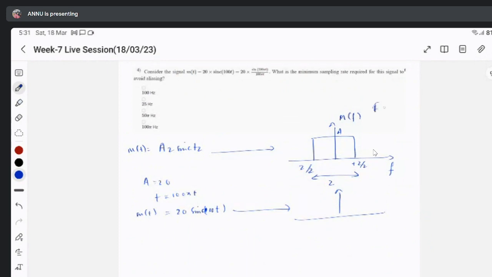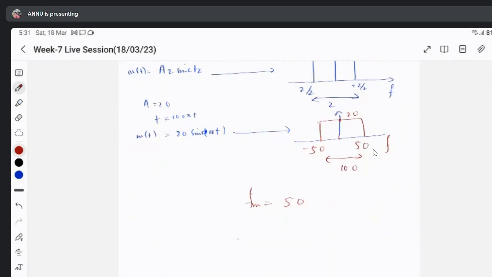This is the frequency domain. You will have this one: 50, minus 50, and A is 20. So the maximum frequency is 50. Fs will be 2 into 50, which is 100.